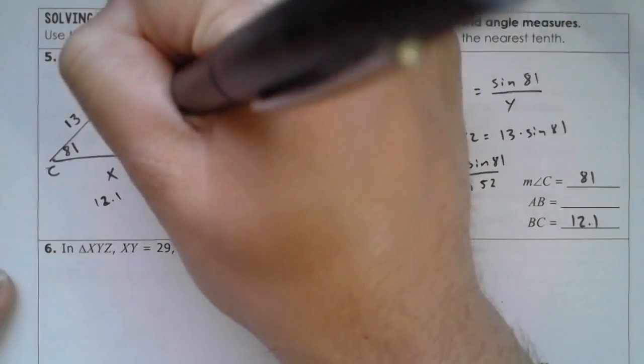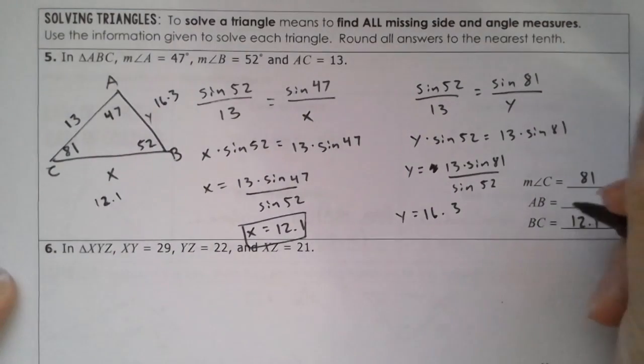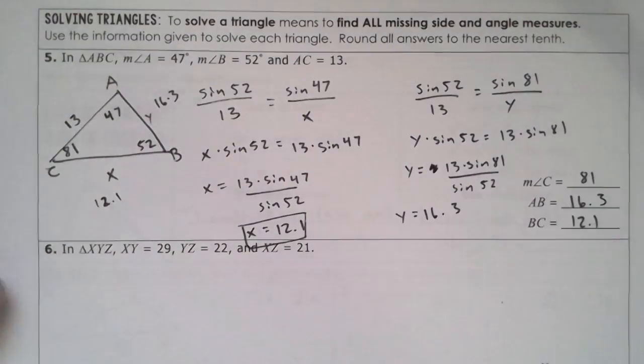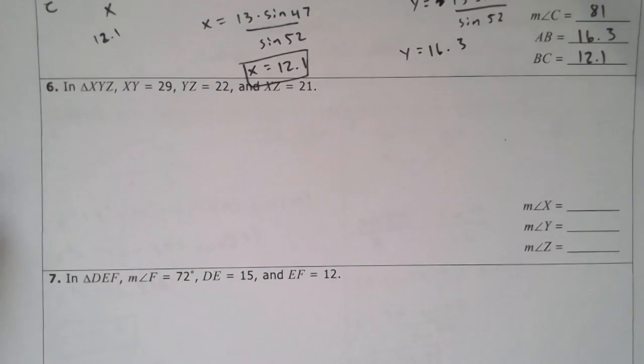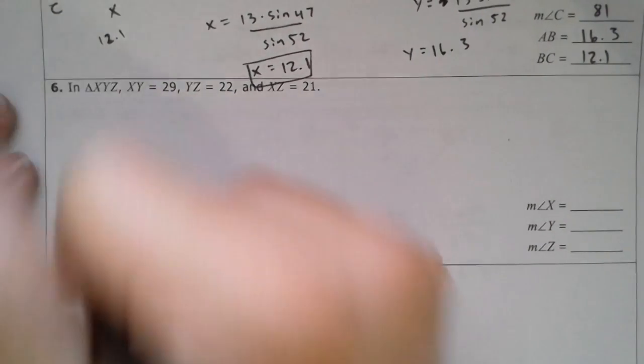So this guy here is 16.3, and then here's your final answer. So there, we just solved this triangle. We found all sides and all angle measures. Number 6, we have triangle XYZ.